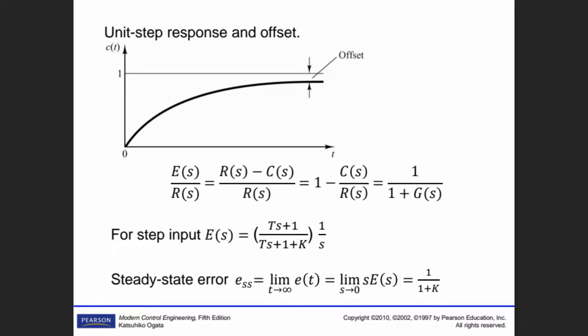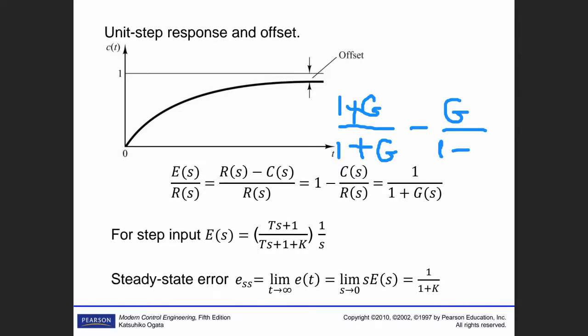This equation is this. This is 1 minus, so the result is this, 1 plus GS.